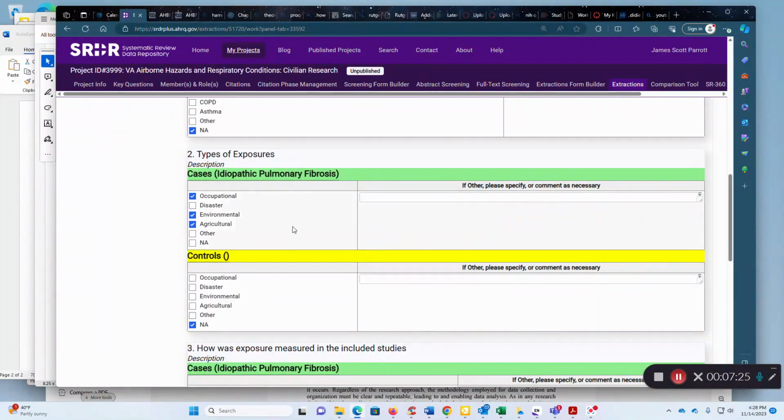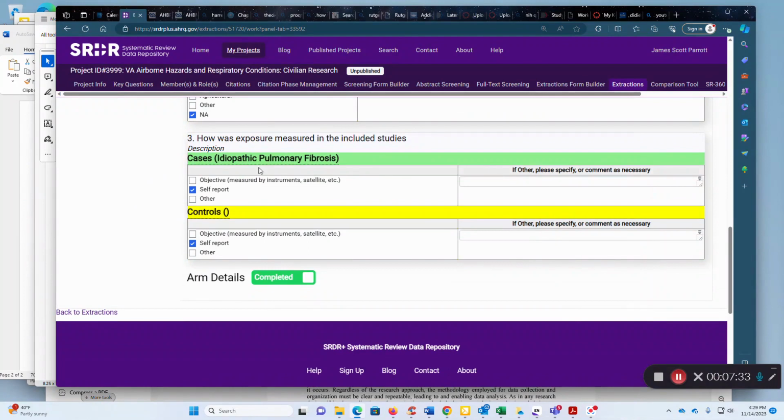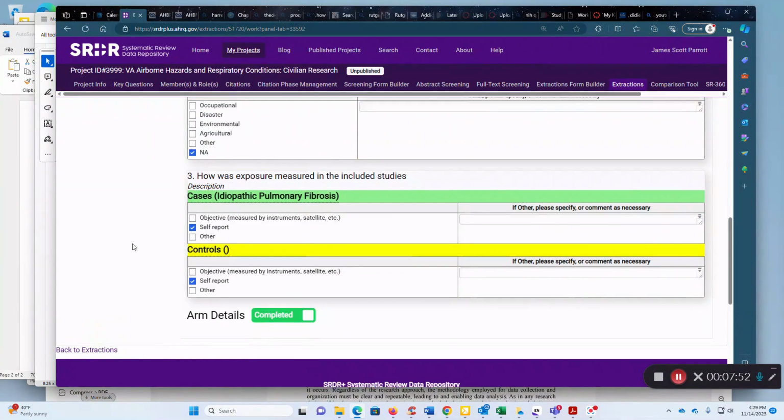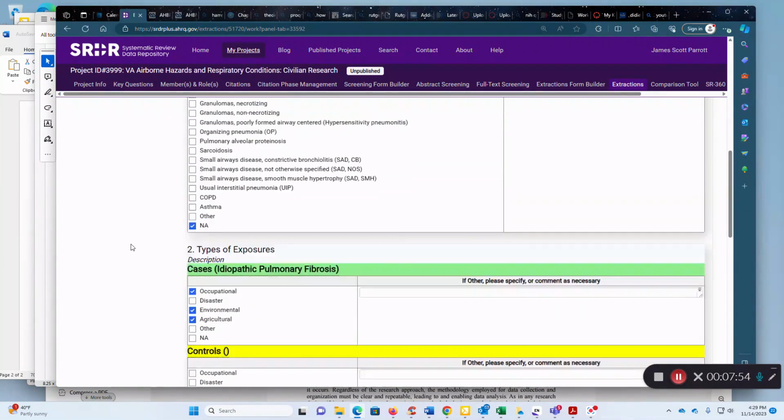Now this is important because right here we're looking at occupational, environmental, and agricultural, whereas the controls, they weren't exposed to any of those. How was the exposure measured? Now, this is important. There is a big difference between self-report and then objective, where it's measured by instruments. You could have air pollution measured by satellites, OSHA reports, all kinds of different things. Self-report is what was going on in the Blanc.